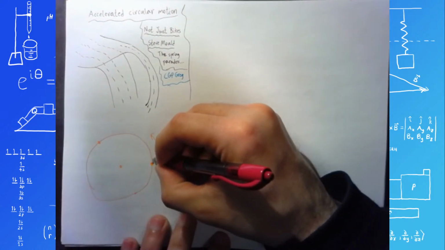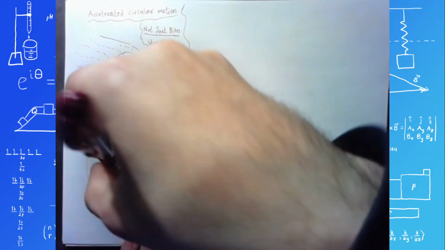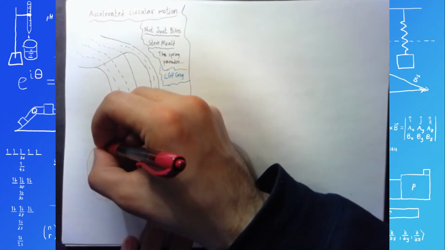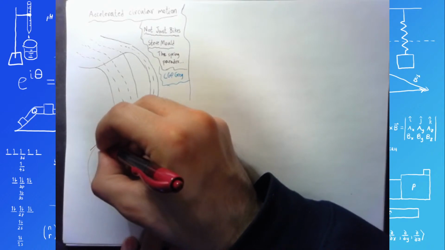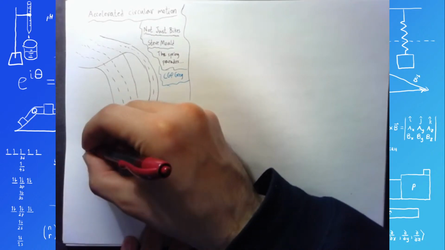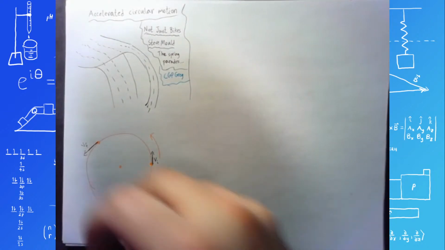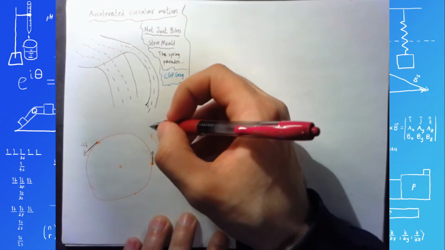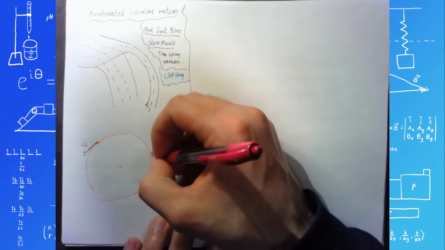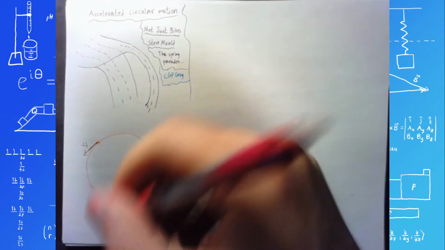You are at some velocity already when you go onto the ramp, so this is going to be v initial, and then when you get off of the ramp and onto the highway, you're going to be at some speed v final over here. And all along the way, you're going to have both a centripetal acceleration that keeps you on the circular path and a tangential acceleration that helps this v initial grow into this v final.